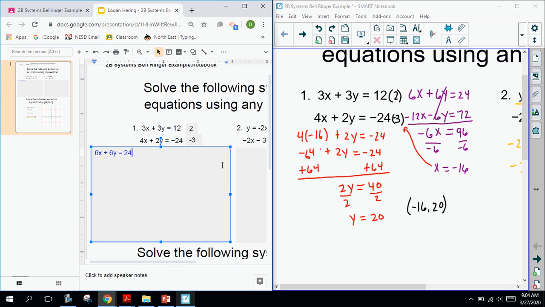And then I hit enter. I multiplied through that next equation times -3, and I'm going to have -12x minus 6y, and that is equal to the 72 there.